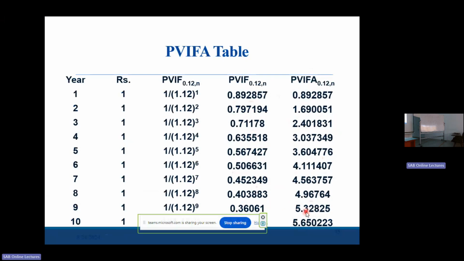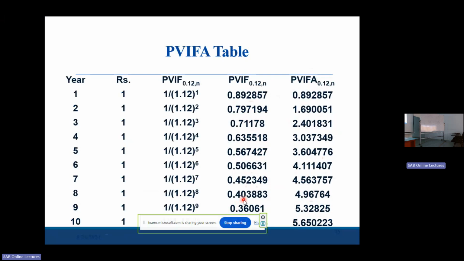That is the relationship. Now if I ask a question, what is the present value of 1 rupee if you are receiving it in 8 years and your cost of fund, or required rate of return, is 12%? 40 cents.